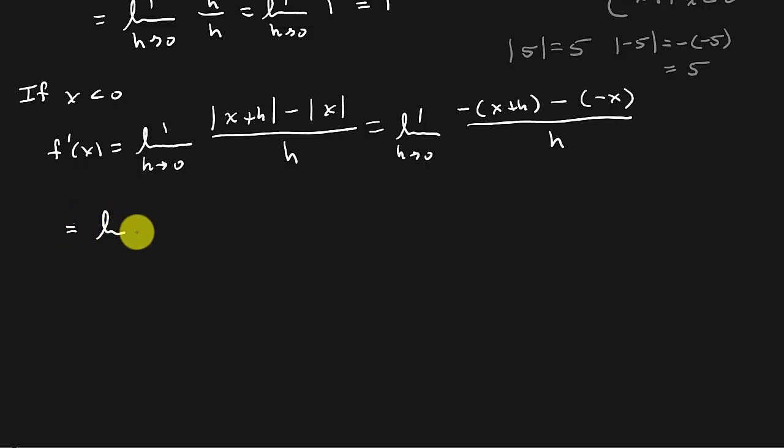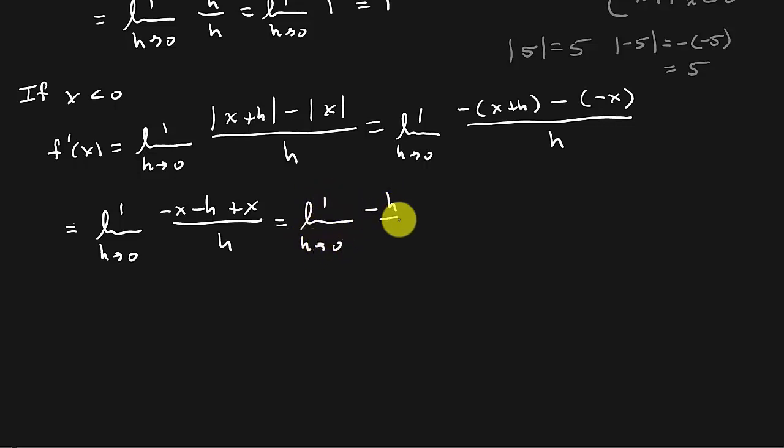So now we have the limit as h goes to 0 of negative x minus h plus x, over h, which is the limit as h goes to 0 of negative h over h, which is the limit of negative 1, which is negative 1.